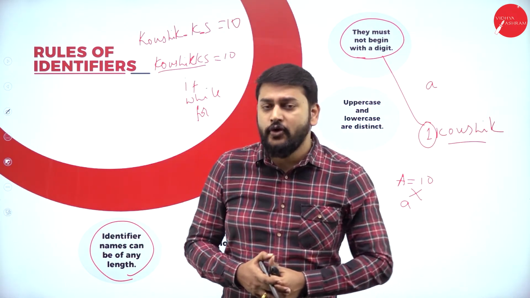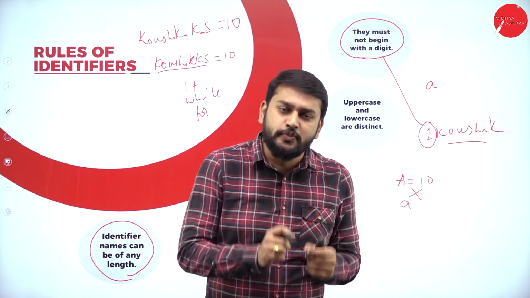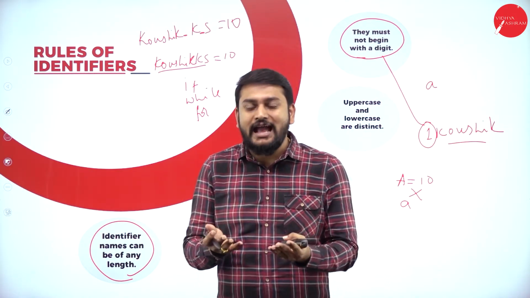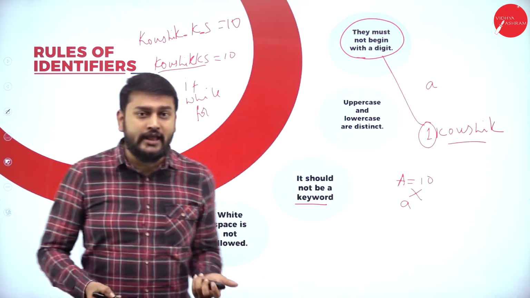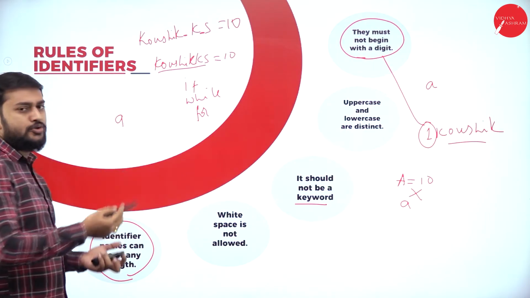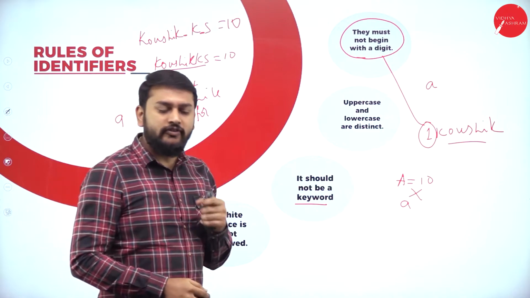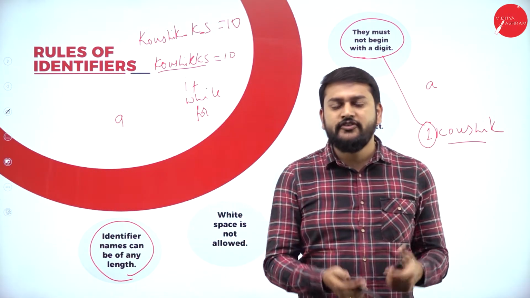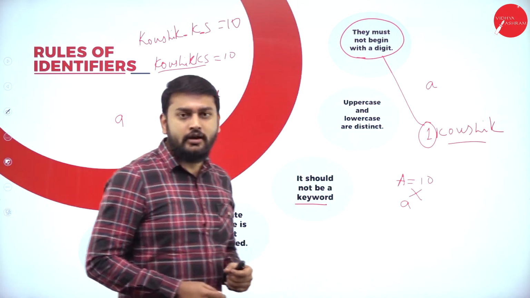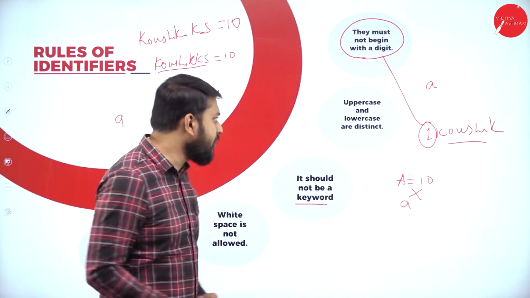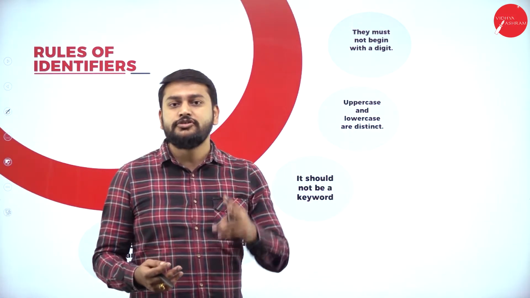Whenever you are naming an identifier, the name should speak the purpose of why you are creating it. Say for example, taking A and Kaushik is a very good example of a bad way of naming an identifier. Say I'm writing a program to perform addition of two numbers.